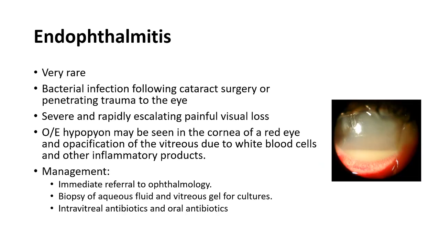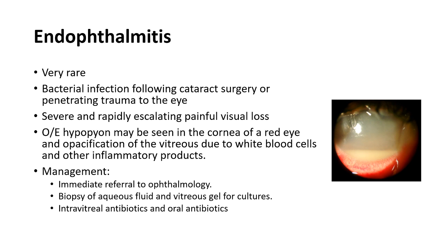Endophthalmitis is a very rare emergency due to bacterial infection following cataract surgery or penetrating trauma to the eye. The patient will present with severe and rapidly escalating painful visual loss. On examination, hypopyon may be seen in the cornea and a red eye.